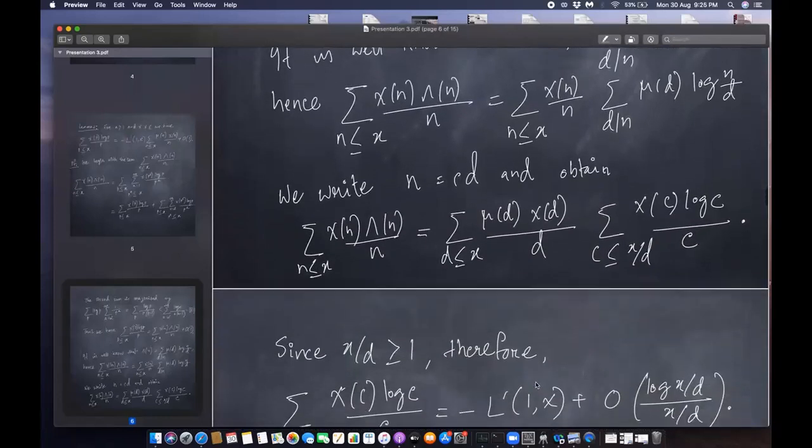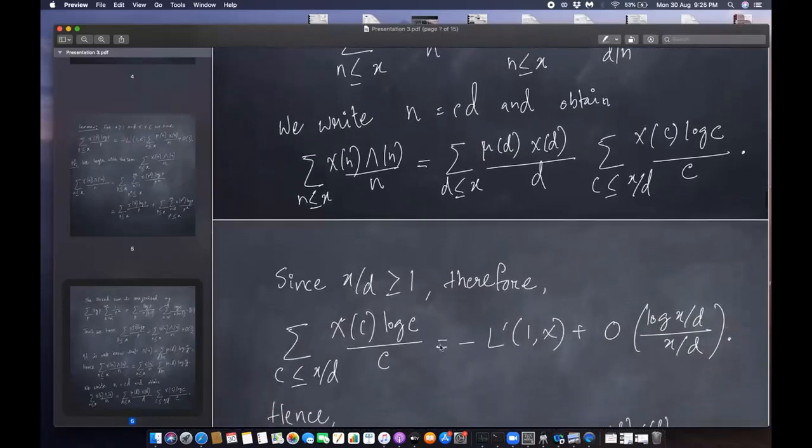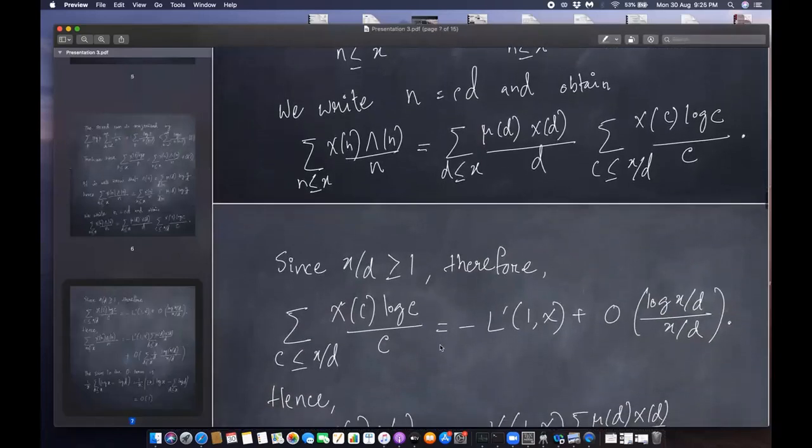Now since x by d is greater than or equal to 1, we can say that this sum can be expressed like this. We obtained this in our formulas involving Dirichlet series, right?